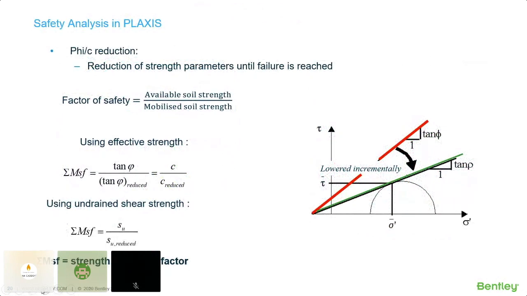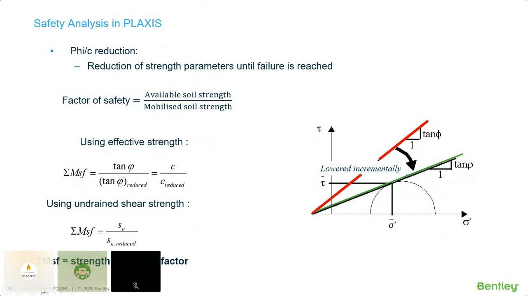Now Plaxis uses the C-phi reduction method for the safety analysis. In this method, the strength of the soil is reduced gradually until failure is reached.